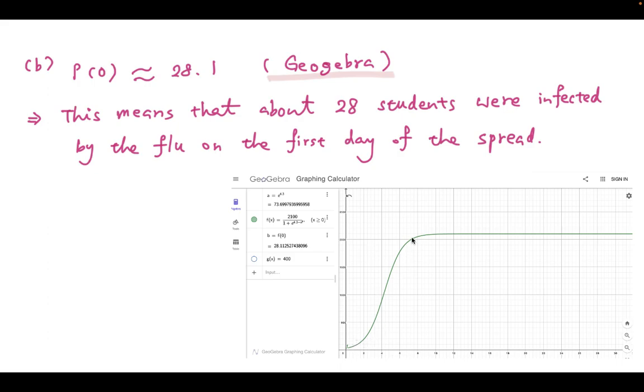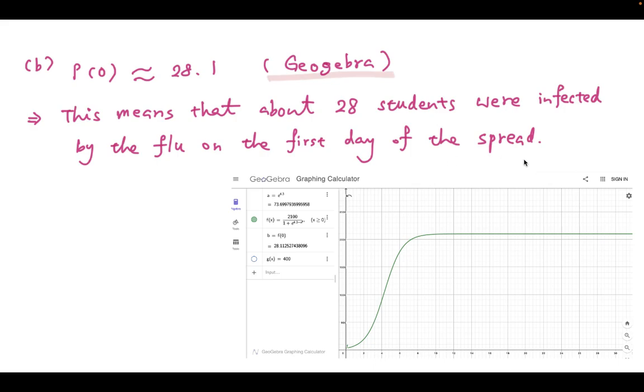So here's the model. And then I plug in f(0), and I found here P(0) should be about 28.1. This means that about 28 students were infected by the flu on the first day of the spread.